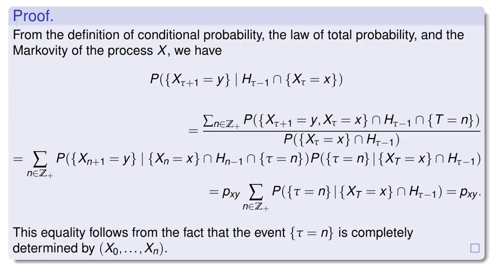This simplifies to P_xy times the sum over n in Z+ of the probability of the set {τ = n} given the set {X_τ = x} intersected with H_{τ-1}, which equals P_xy. This equality follows from the fact that the event, the set {τ = n}, is completely determined by X_0 through X_n.